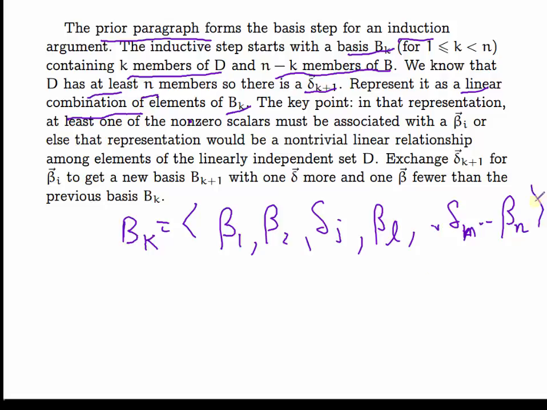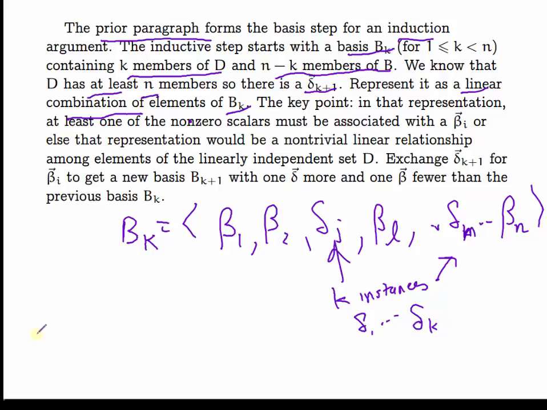It has n vectors in it altogether, but we know that there are k instances of delta. So that means I have delta 1 all the way up to delta k.